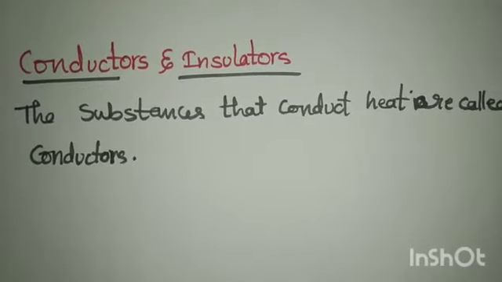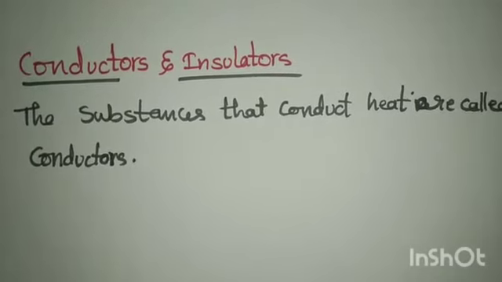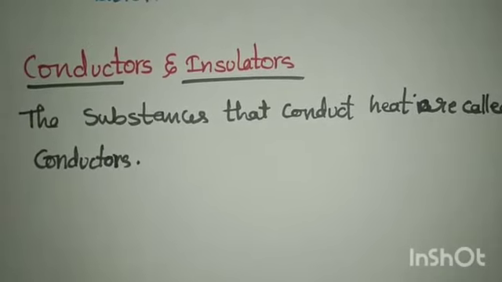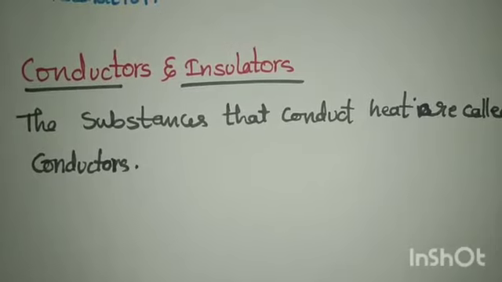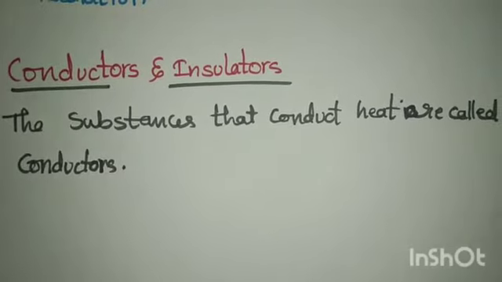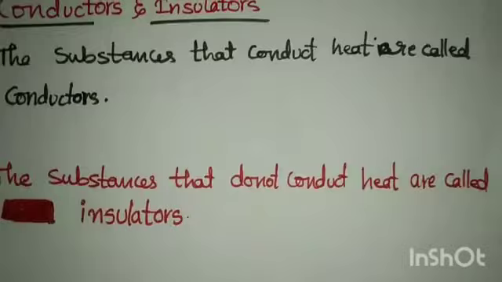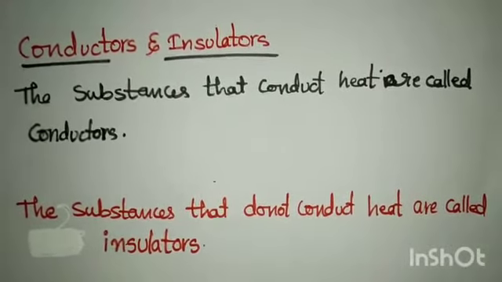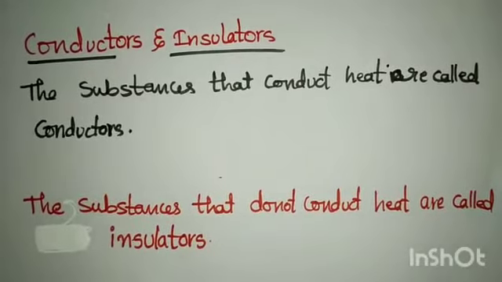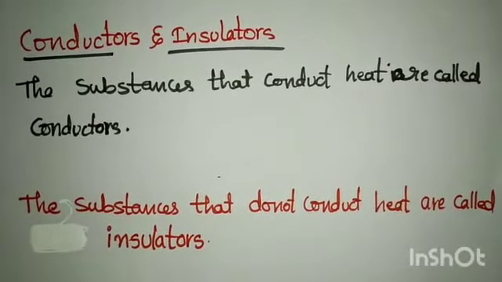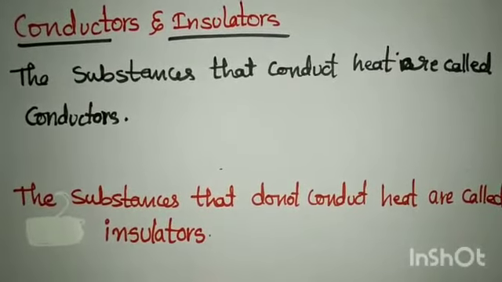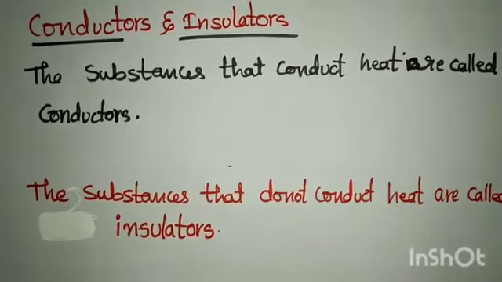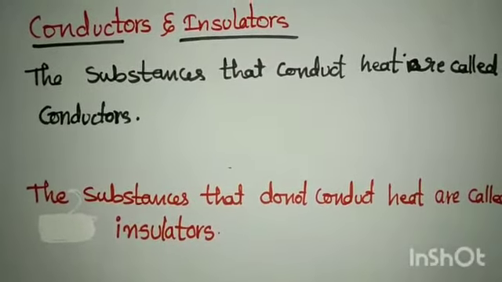In the previous activity also, we know that wood does not conduct heat. Such substances that do not conduct heat are called insulators because they are poor conductors of heat. Air and water are also poor conductors of heat.